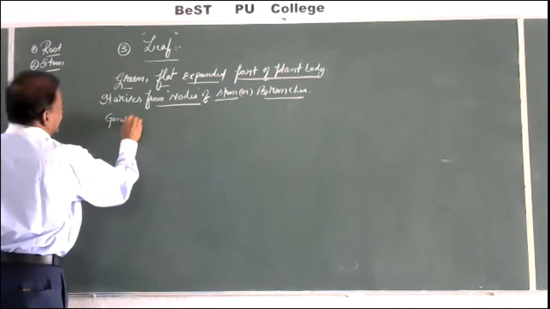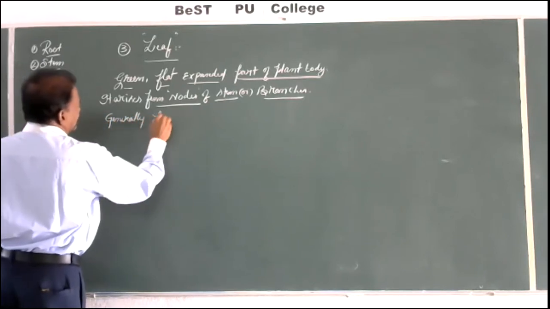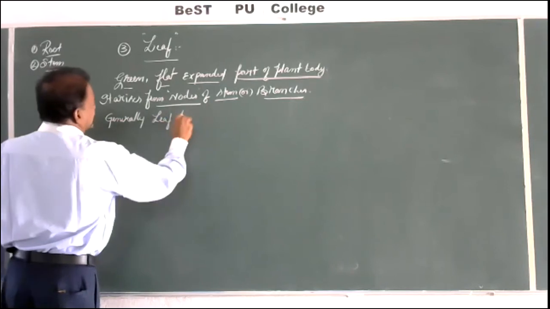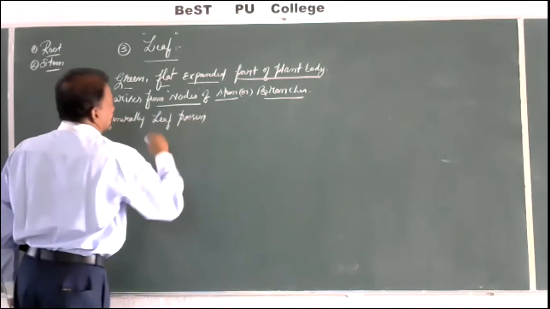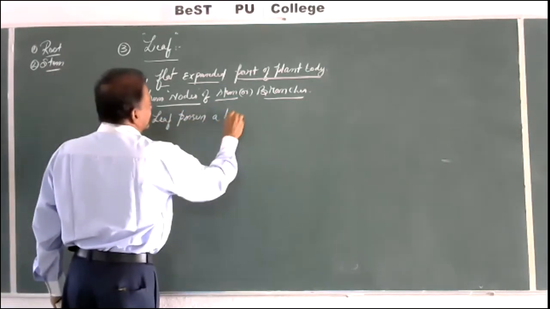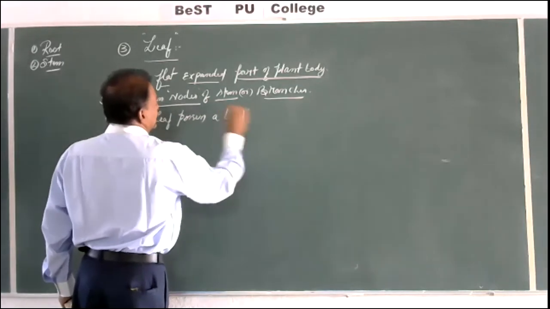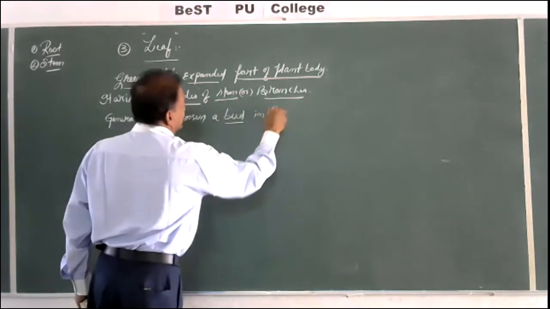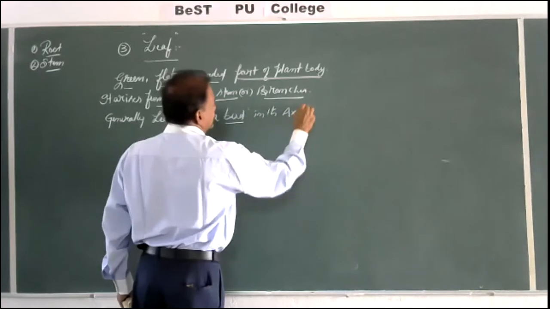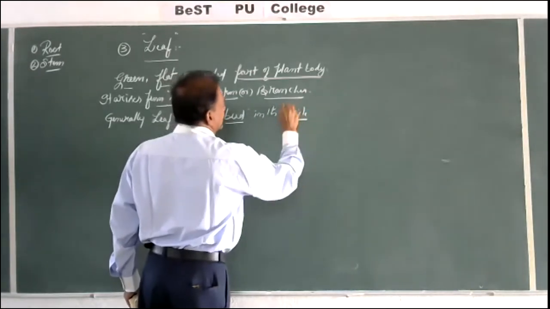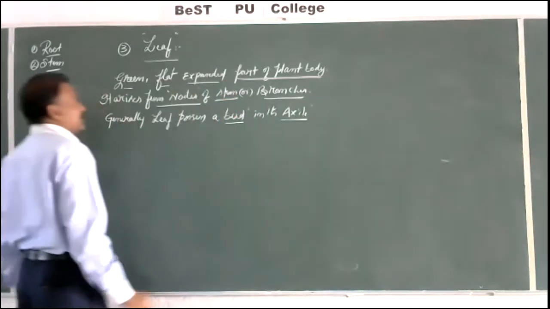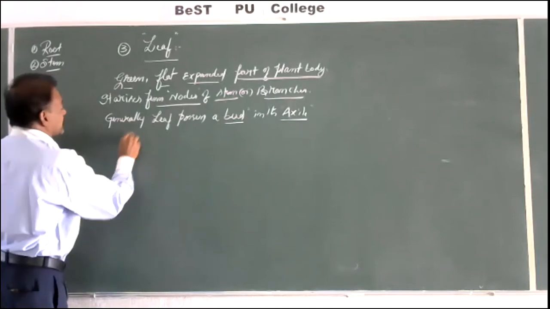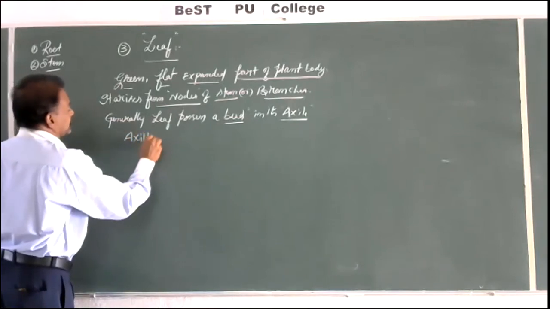Generally, leaf possesses a bud in its axil. So this bud is called axillary bud.